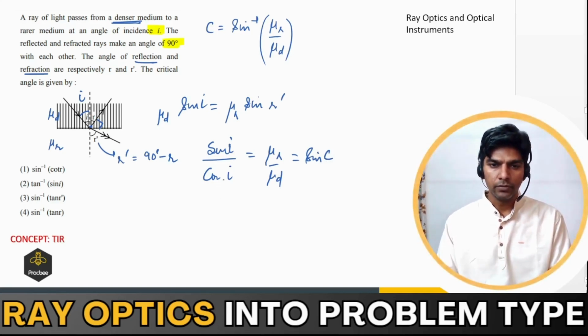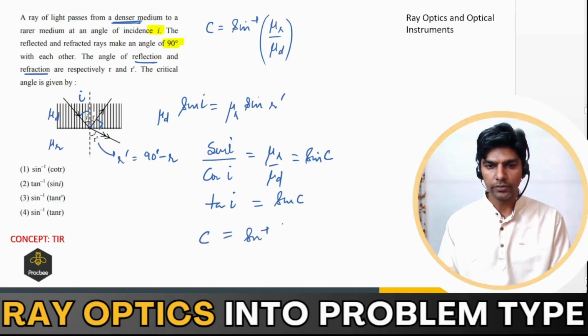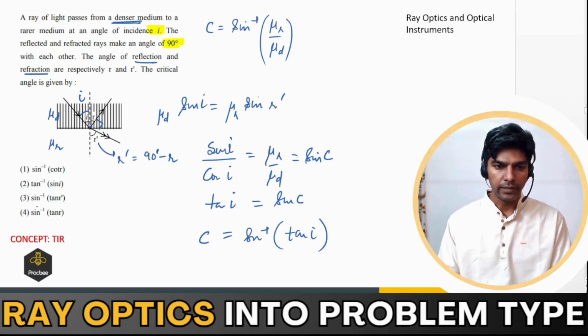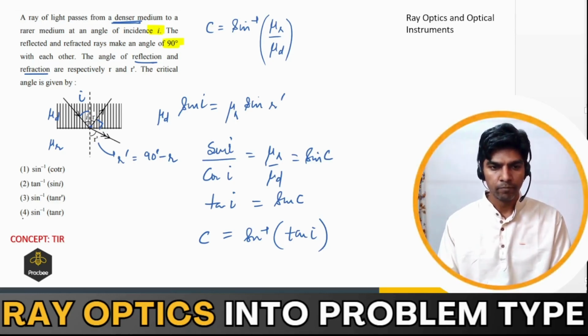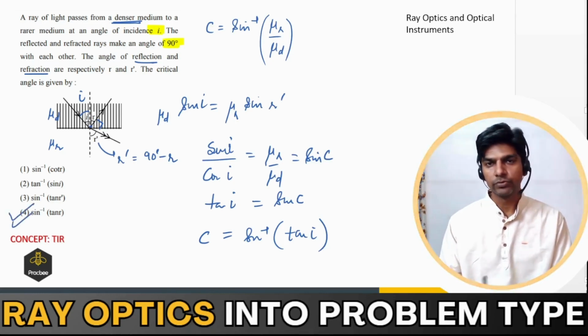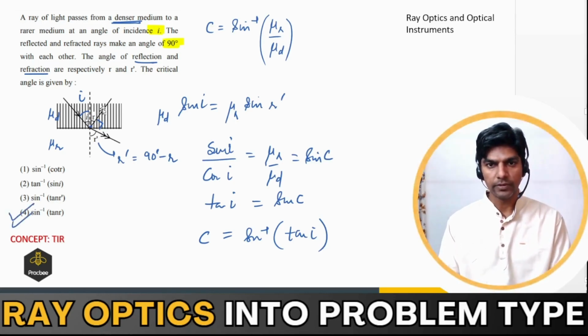Okay, so it will be tan i equals sine c. So we can say the critical angle will be sine inverse tan i. Sine inverse tan i. So i is nothing but r, right? So it will be option 4, right? Fourth option is the right answer.